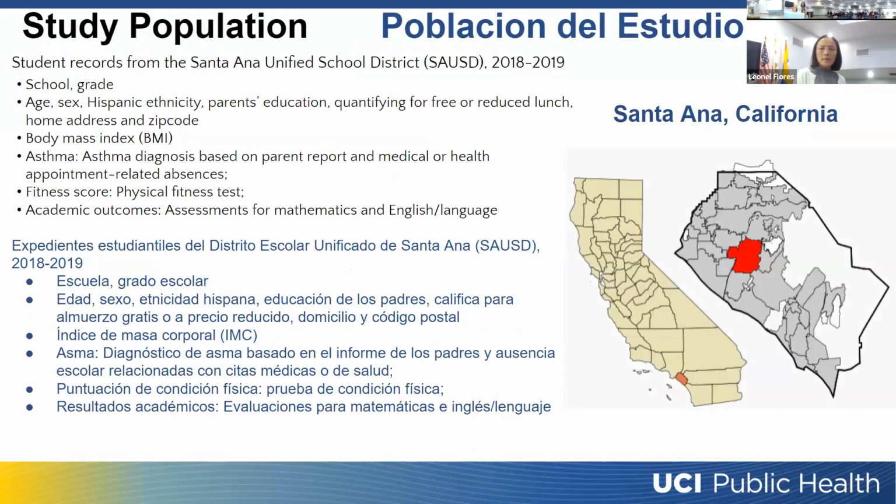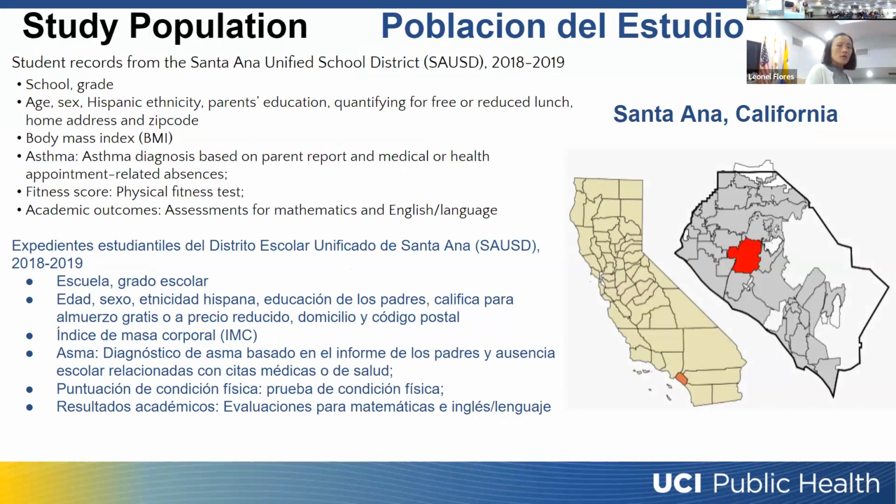This one is a bit busy. On the right, you can see the figure showing where the study region is in California and in Orange County. Mainly we focus on Santa Ana. We got the school records from the school district for children in 2018 to 2019.